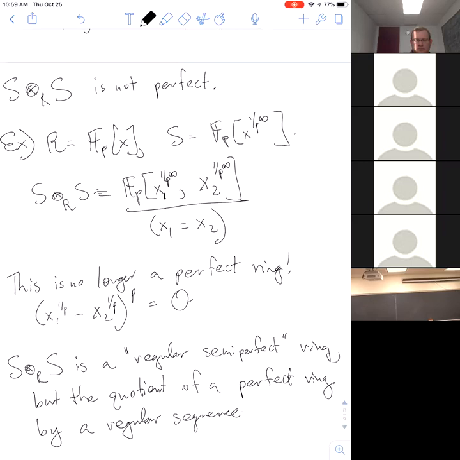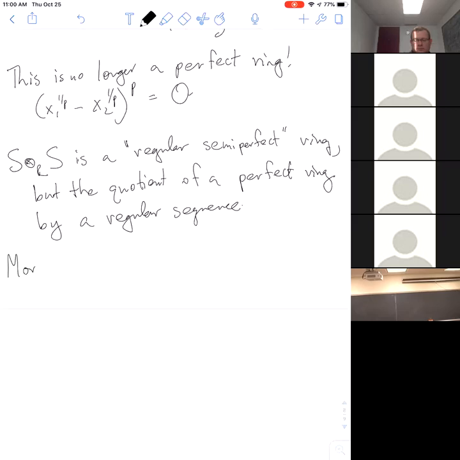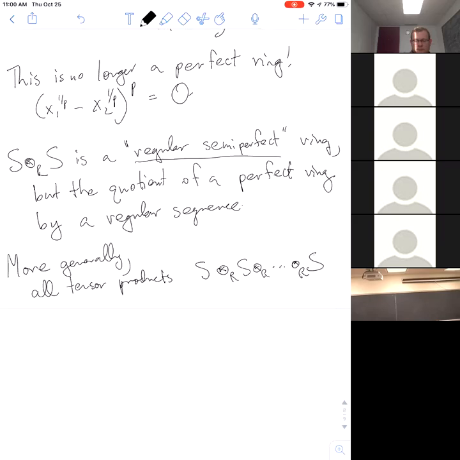So that's what's happening here. You're taking the quotient of the perfect polynomial ring in two generators by the regular element x_1 minus x_2. So these tensor products S tensor_R S are going to be these so-called regular semiperfect rings. More generally, all the tensor products are going to have this property that they're regular semiperfect. So I'm going to underline that.